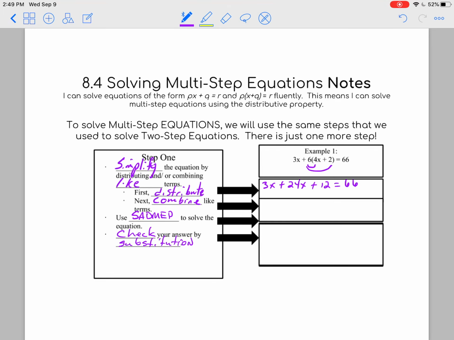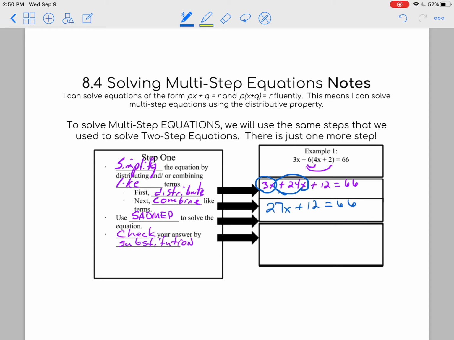There's nothing else to distribute, but I can combine like terms: 24x and 3x gives you 27x plus 12 equals 66.